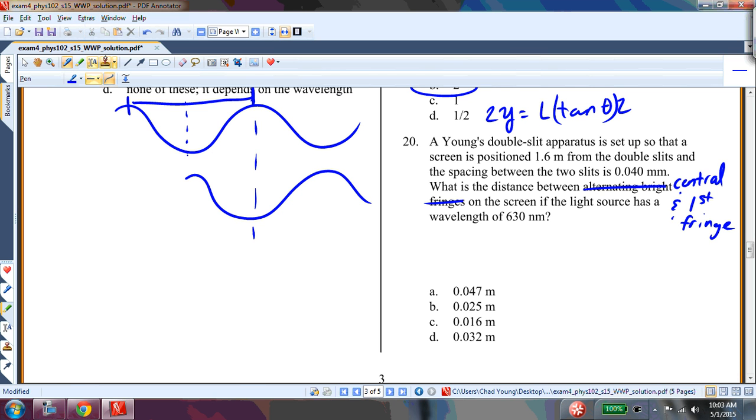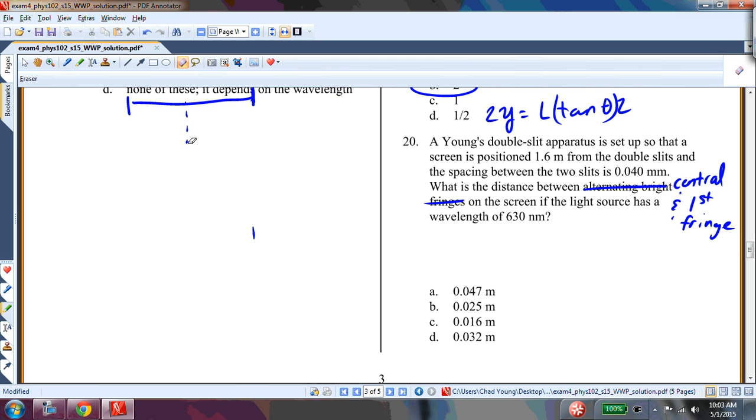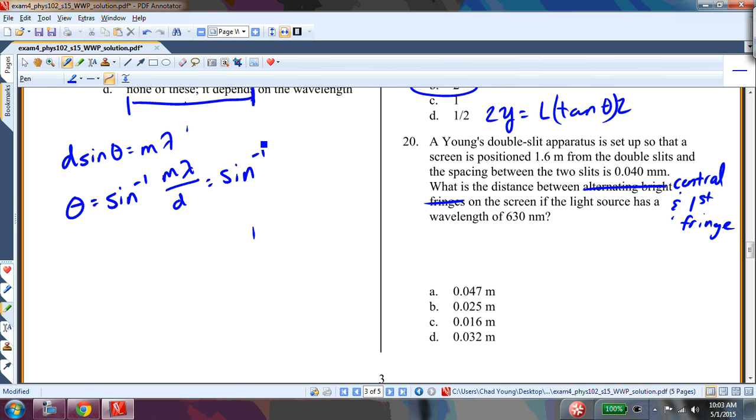All right, so I'll work it over here. First I just want to find theta for the first order. So I say d sine theta equals m lambda, and I solve that for theta. m is going to be 1.